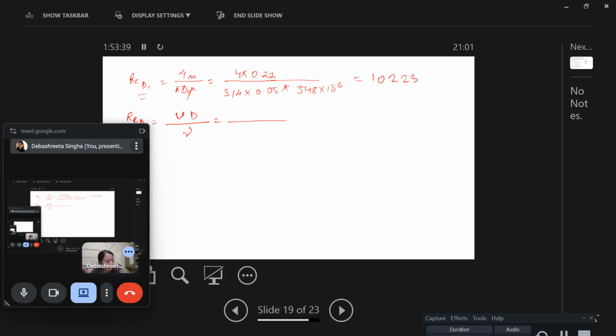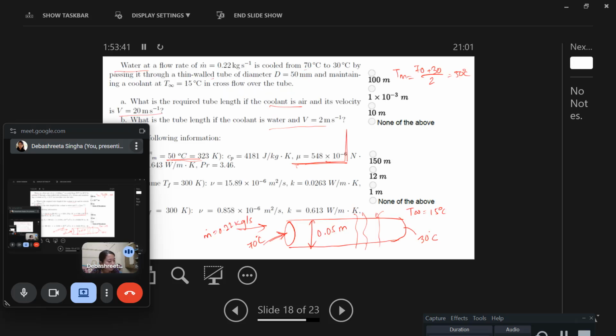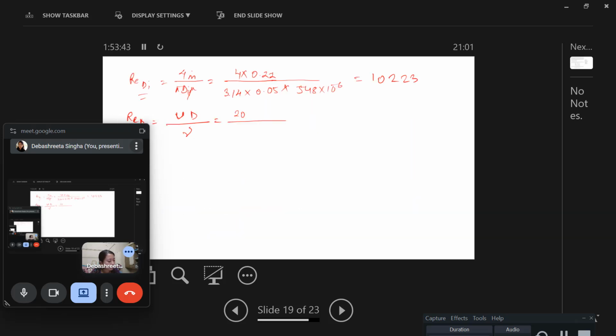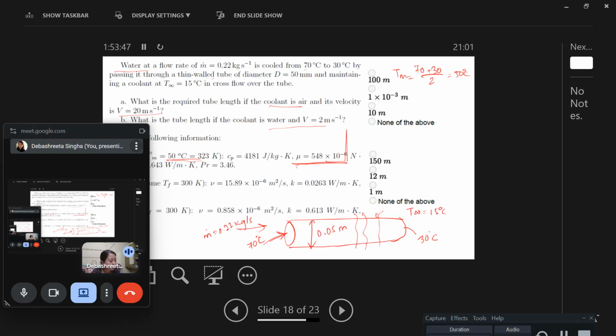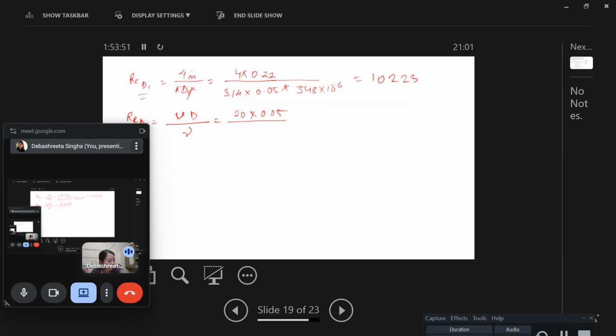So it is 20 meter per second into D, which is 0.05, and nu for air is 15.89 into 10 to the power minus 6. So we get this as 62933.